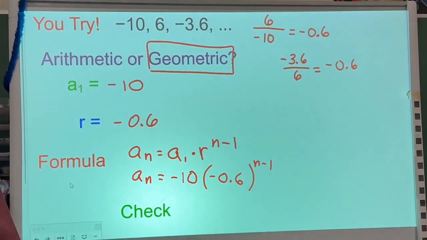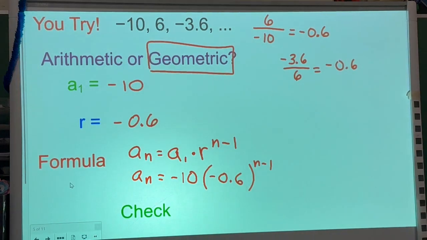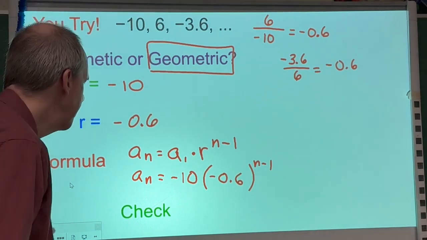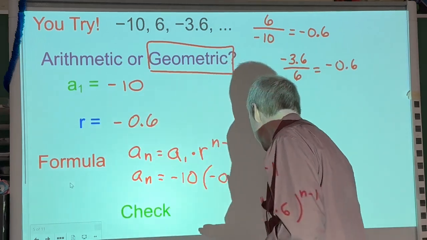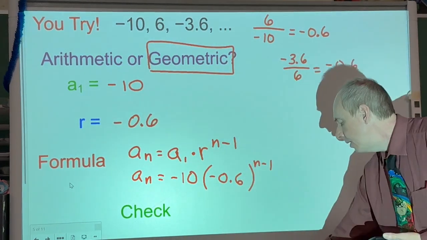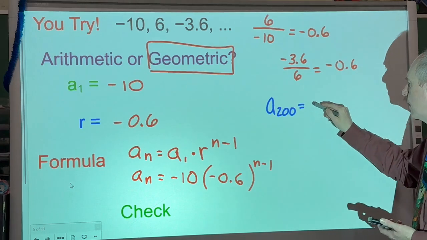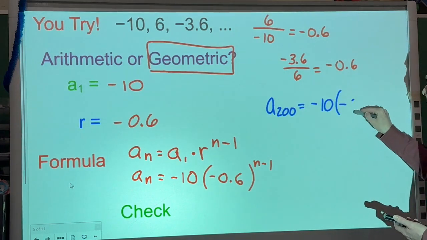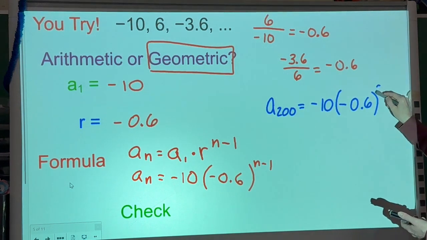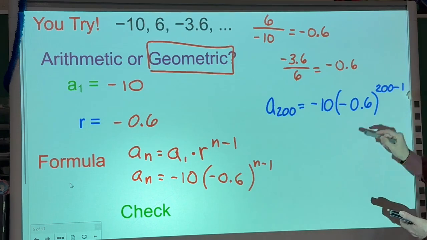So using this, can you find the 200th term? So, our 200th term, a sub 200, would equal -10 times -0.6 to the 200 minus 1.